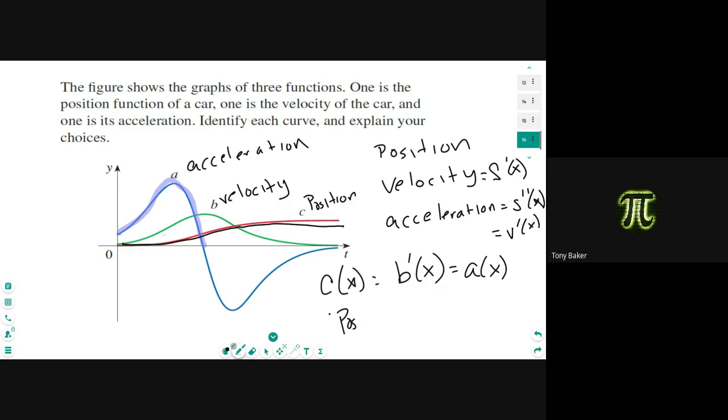So it's how fast your speed increases. In essence, the change in velocity over time, so it's distance over time squared.